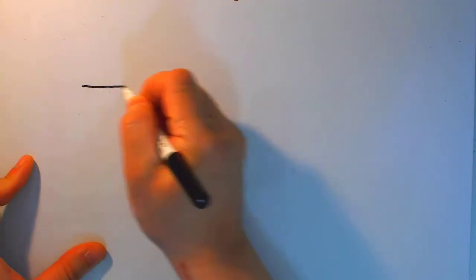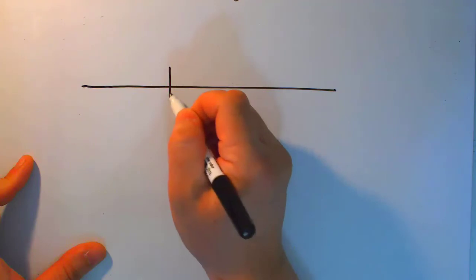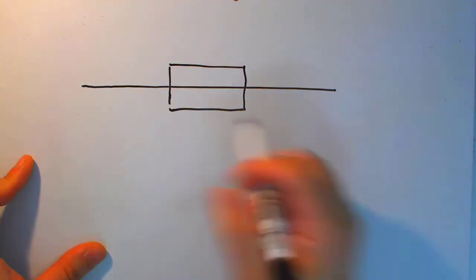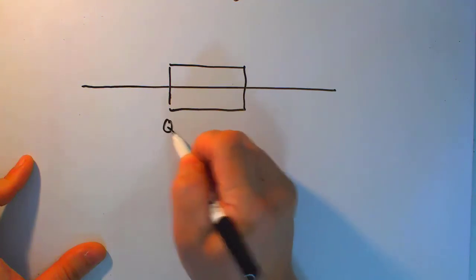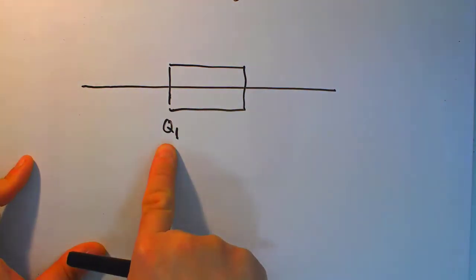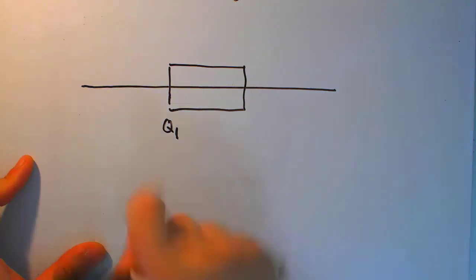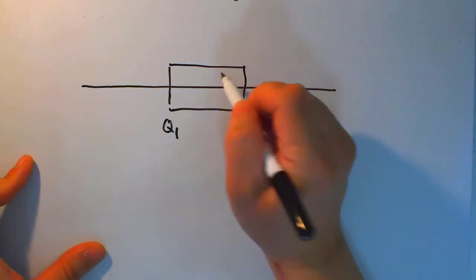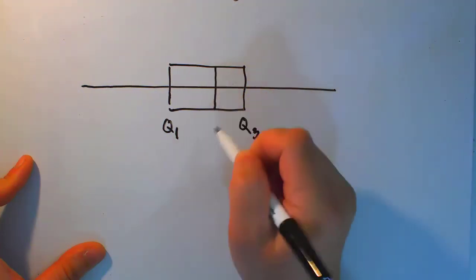The box plot here is saying, on your line of numbers in your data, we got a box like this. And of course, rule of thumb, the starting point of your box is Q1, the ending of the box is Q3, and somewhere in here is Q2.